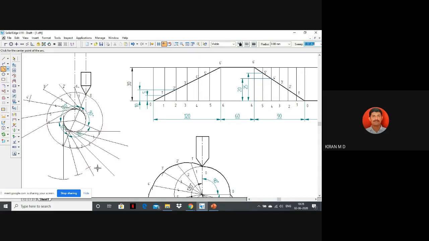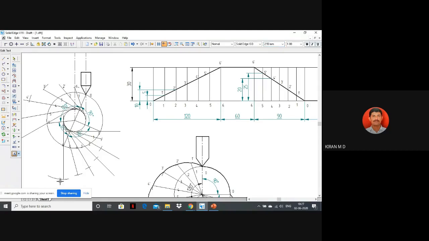So it will take 6 decrements, or 20, then 15. Okay, these are the points I got.